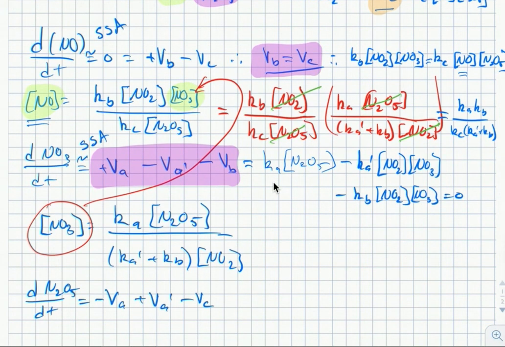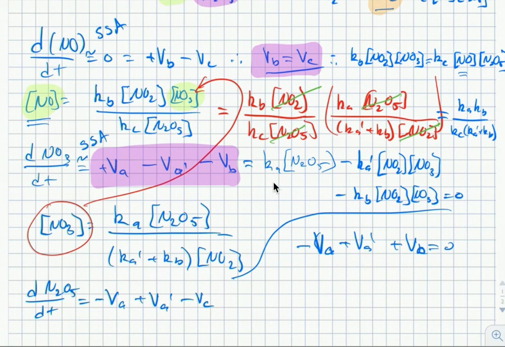If I start out over here, I can say minus VA plus VA prime plus VB is going to equal 0, because we know that from the steady state approximation.